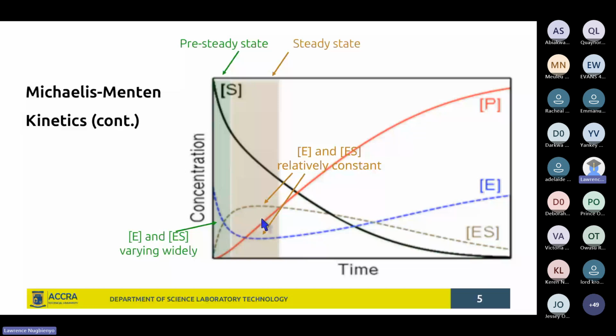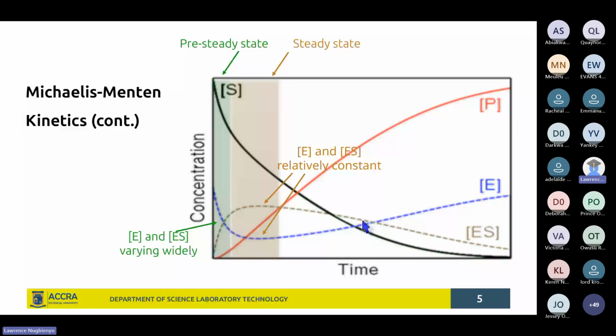And then once you have the substrate being consumed and you having formation of products, you start having the enzyme substrate complex concentration also going down, because then all the substrate molecules are getting consumed in the process of the reaction.